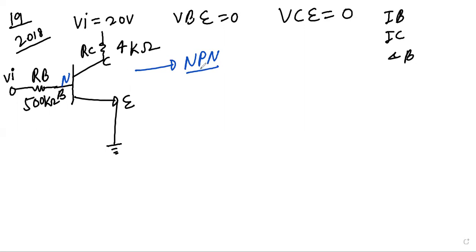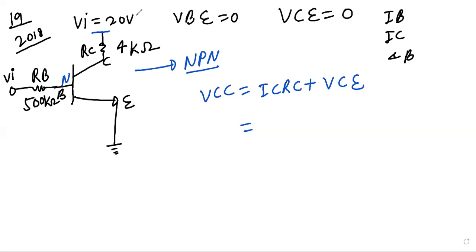Now see, the voltage across the collector: VCC is equal to IC into RC plus VCE, right? So this is the voltage we are talking about. VCC is given by the current through the collector into the resistance, plus VCE, the voltage across collector and emitter. So now put the values. How much is it coming out to be?